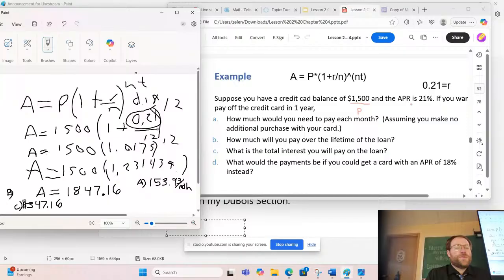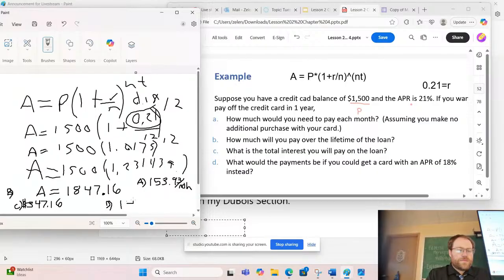That's for the whole year, right? So for the monthly payment, 149.45. So the new payment becomes $149.45 a month, with that little change in interest.